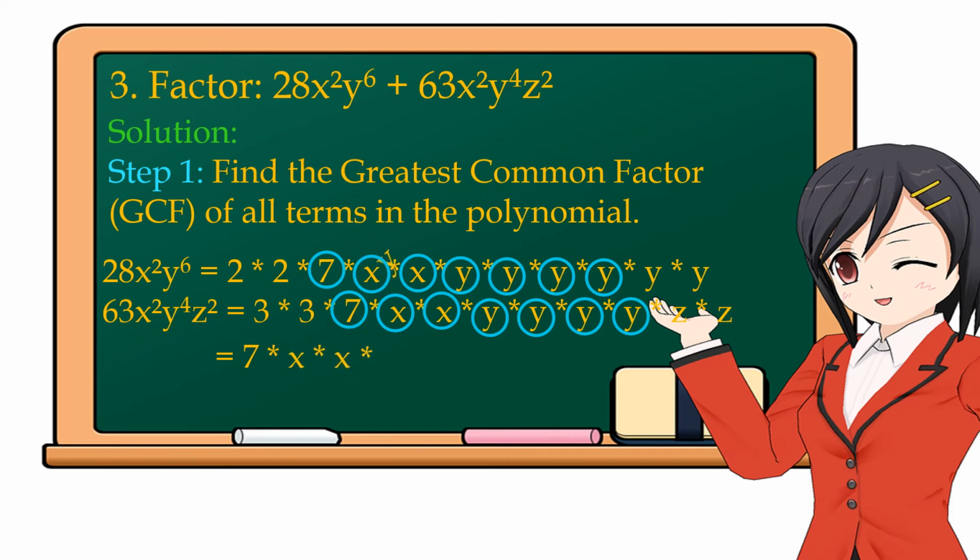So their common factors is 7 times x times y times y times y times y, which is equal to 7x squared y raised to the 4th. So it is its GCF.